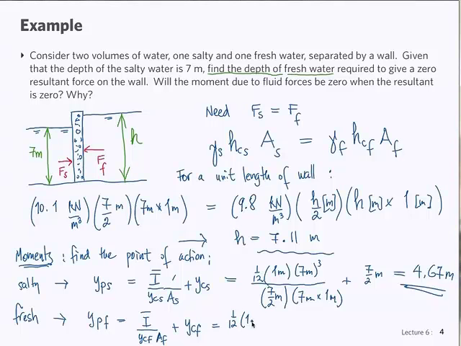So 1/12, 1 meter, and the height we just calculated, 7.11 meters from our previous results, cubed, divided by 7.11 over 2 meters, and the area, 7.11 meters times 1 meter, and all of this plus 7.11 over 2.